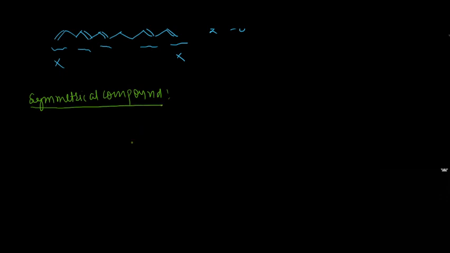In case of a symmetrical compound, how do we count the GI? For example, we have CH3, CH double bond CH, CH double bond CH, then CH3.